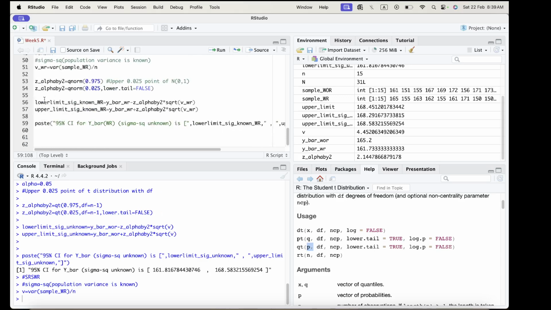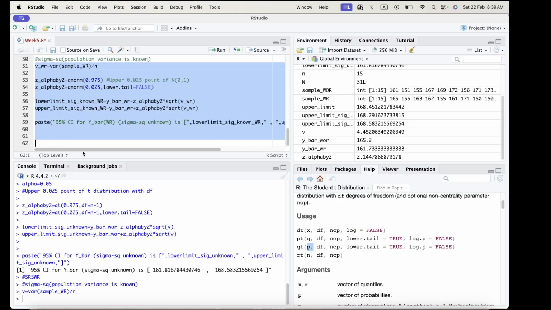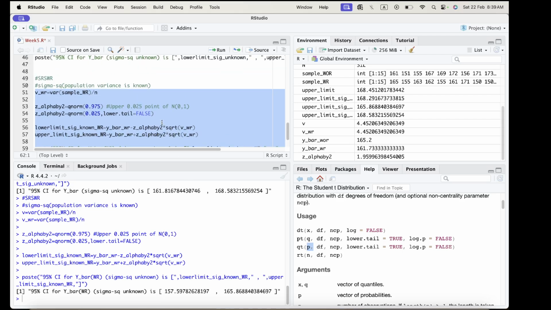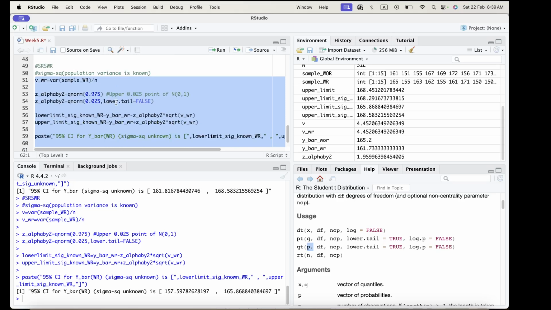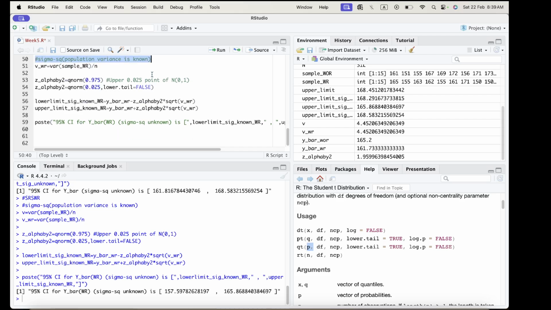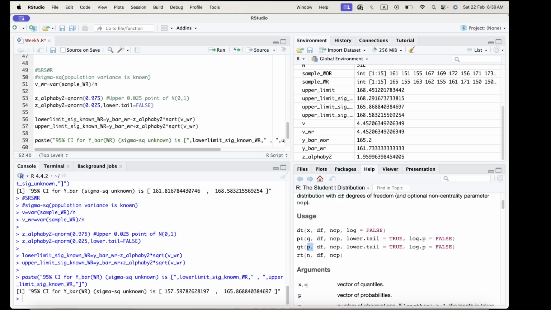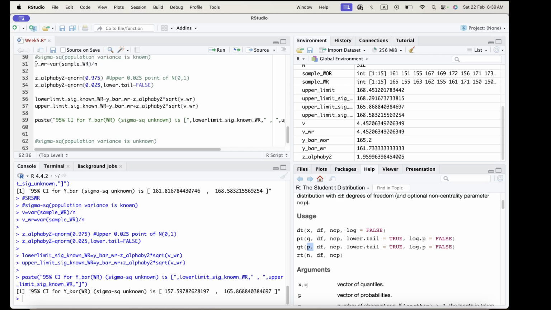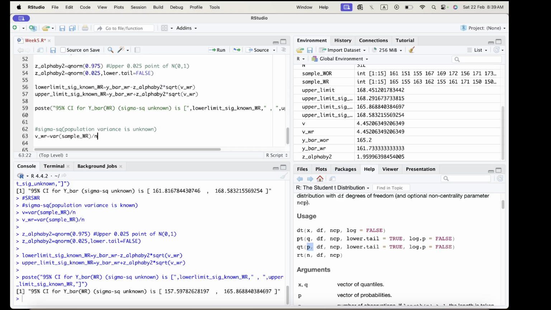So if I just run this, how much do I get? This is the y bar WR confidence interval when sigma is known, and when sigma is not known, then this remains the same.